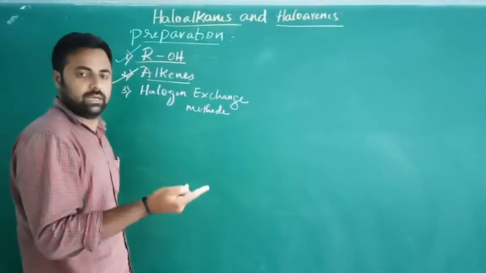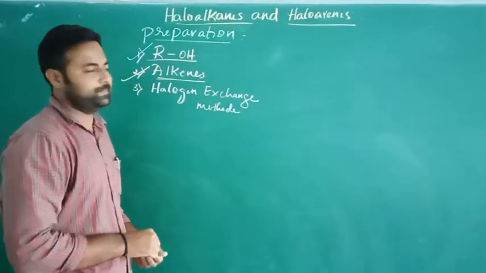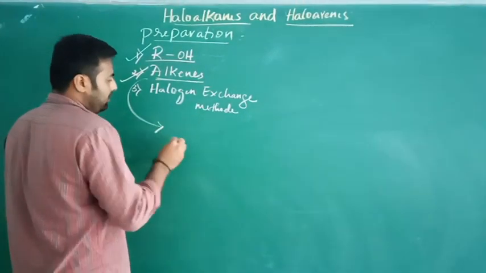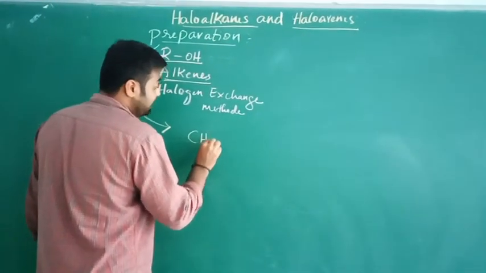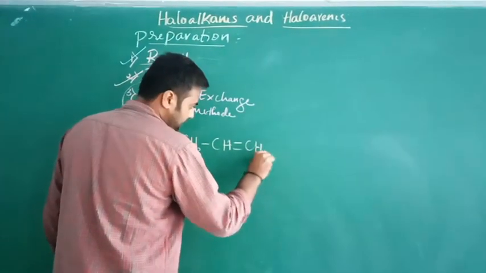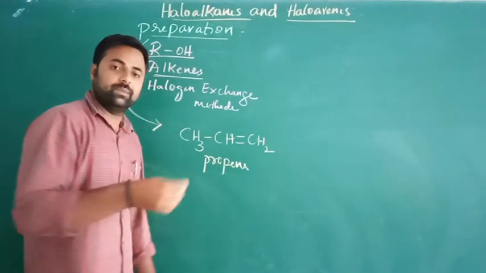We can prepare haloalkanes or alkyl halides by using alkenes, hydrocarbons, simply by using a symmetric or unsymmetrical alkene like propene. This is propene, an unsymmetrical alkene.